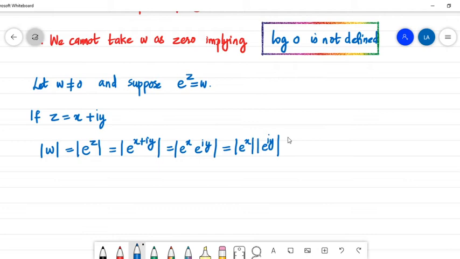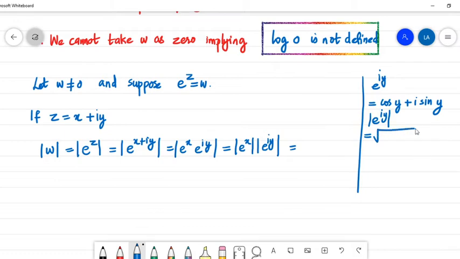And we had seen earlier that e raised to iy is equal to cos y, where y is a real number, plus i sin y. That means modulus of e raised to iy is equal to root of cos square y plus sin square y. Here it is in the real sense. Obviously we know that is 1.